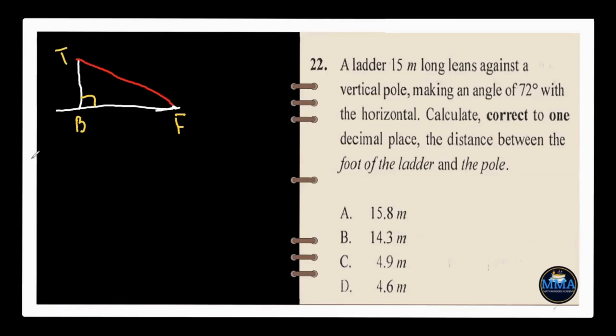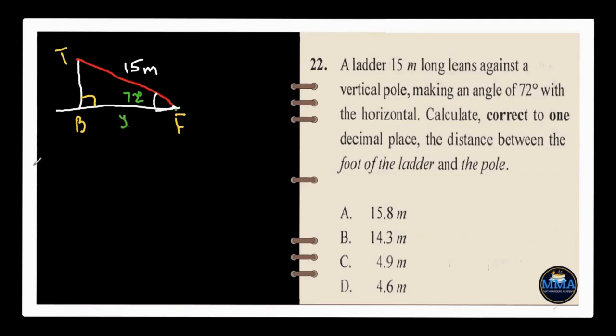Now we are told that this ladder is 15 meters long, and it makes an angle of 72 degrees. So the angle here is 72 degrees. So now we are asked to calculate correct to 1 decimal place the distance between the foot of the pole, which is the distance from F to B. Let's call this distance Y.